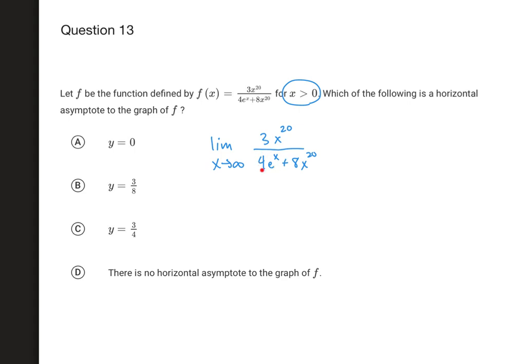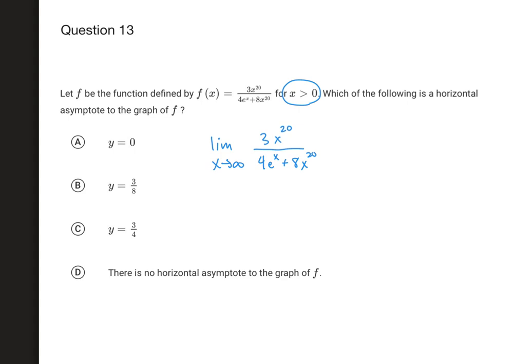For smaller values of x, since this exponent is pretty big, this term will be bigger than this term. But there's going to be a certain value of x where this exponential is the same as this, and every value of x after that, this will stay bigger. And this will actually get bigger way quicker. The idea is that the term 8x to the 20th will become more and more insignificant compared to this term as x goes further to infinity.